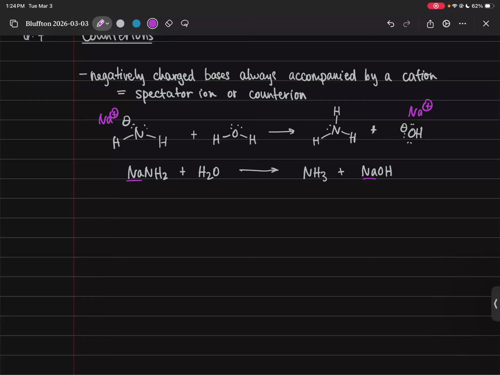Yes, I randomly decided I was going to use sodium as opposed to potassium or rubidium or any other metal on the first row because we've got to have a +1, can't have a +2, or else we have to have multiple equivalents and stoichiometry starts happening.